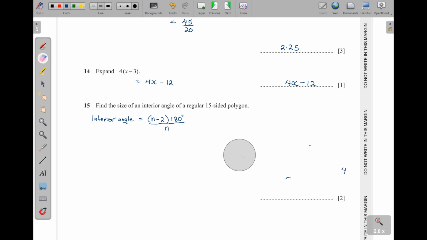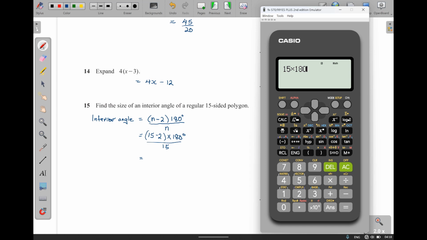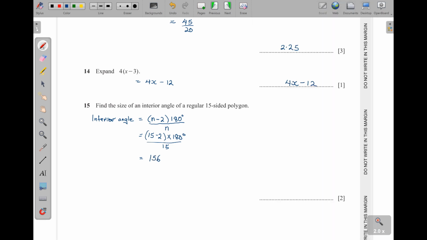So now we can substitute: 15 minus 2, which is 13, then times 180, we divide by 15. 13 times 180 is 2340. Then we divide by 15 and get 156. So that is 156.